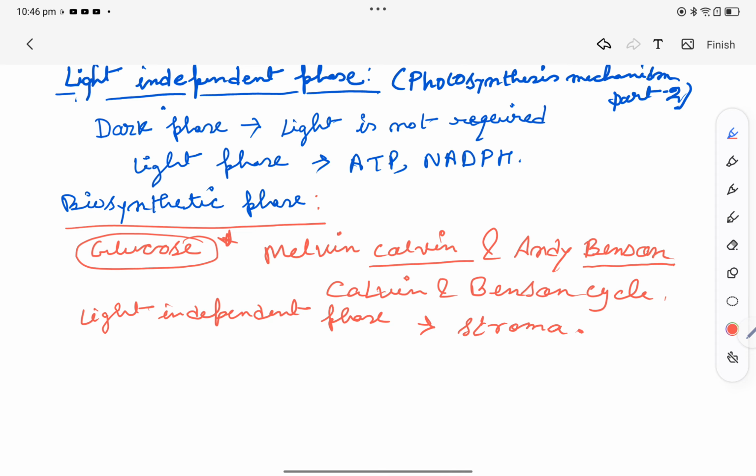Now, we can divide the Calvin and Benson cycle into three steps.